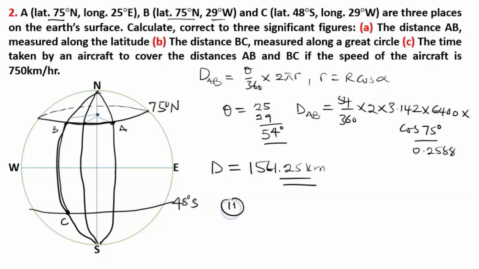All right, so question 2 is saying that the distance BC is obviously along the great circle. So the formula for BC is going to be theta over 360 times 2 pi capital R now, because it's on the great circle. We have to find our theta, because theta is not going to be the same.